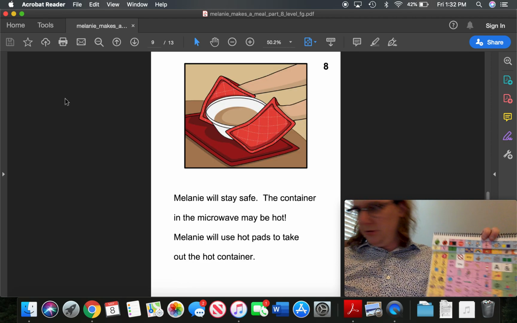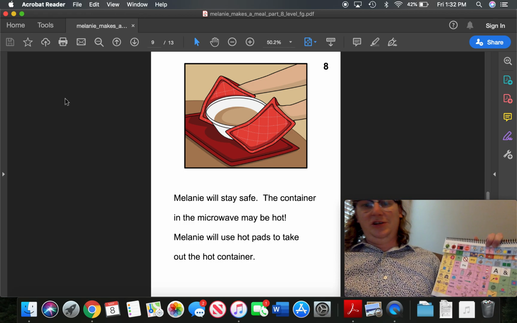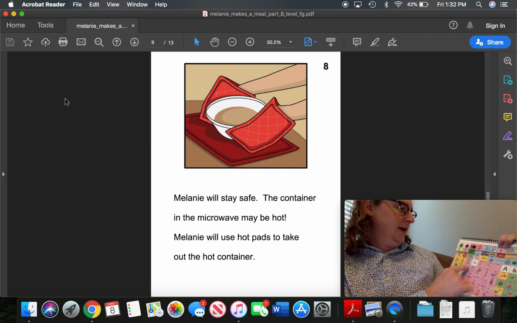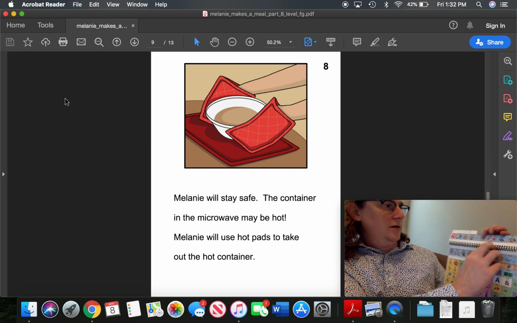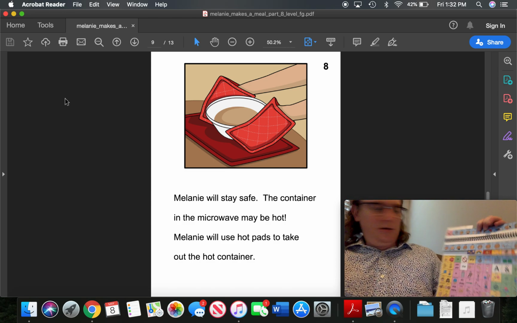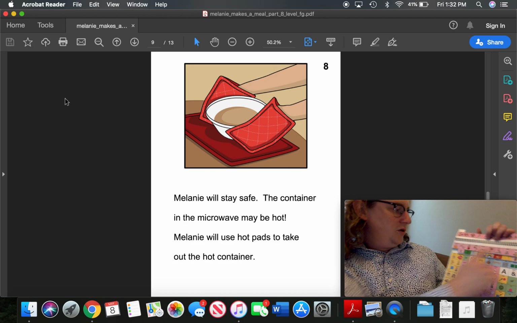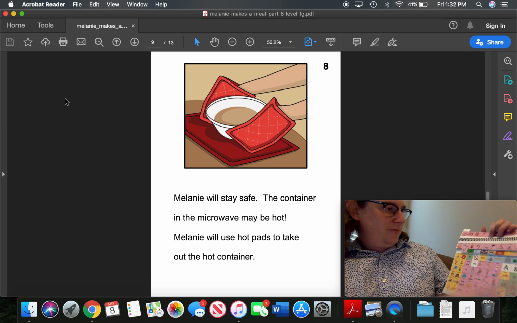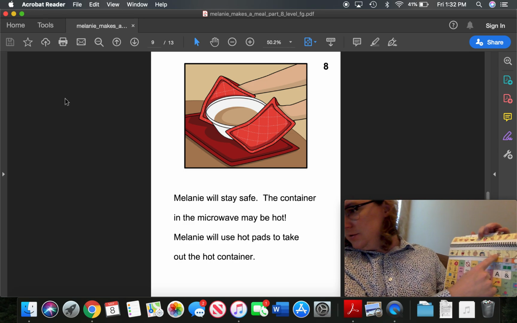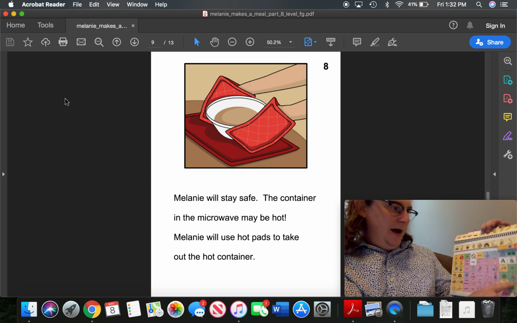For the next page, I just said she is good. It says she is safe, right? She is good. And then even shorter, it is hot. She puts something on her hands to take it out.